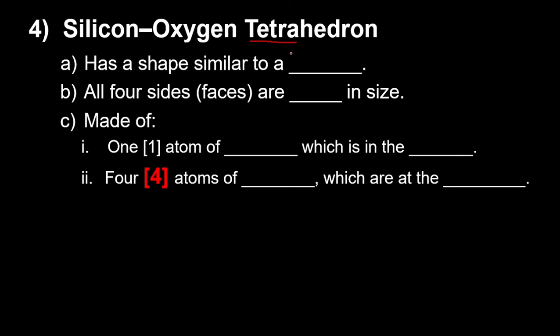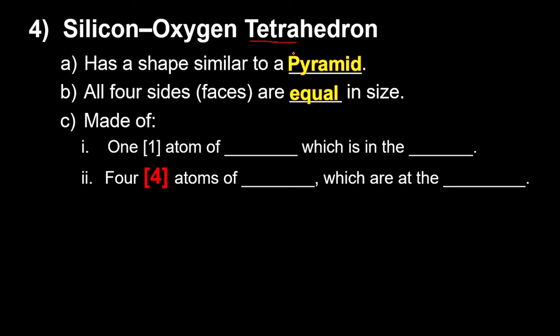Now remember, we want a three-dimensional shape, so we're not looking at triangles. A square has four sides, but it doesn't have four faces. So the shape is going to be a pyramid. A pyramid has three sides around, and then we always forget about the base. So all four of those faces, those sides, are going to be equal in size.